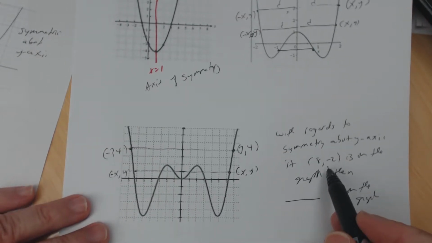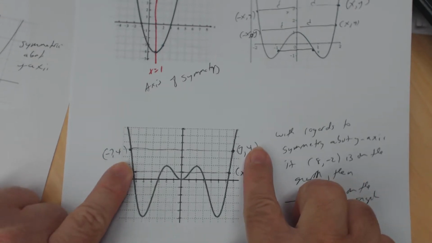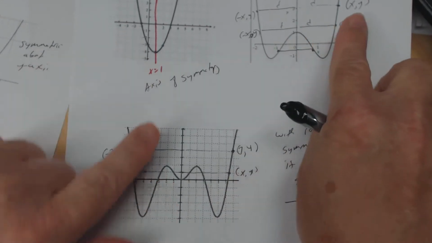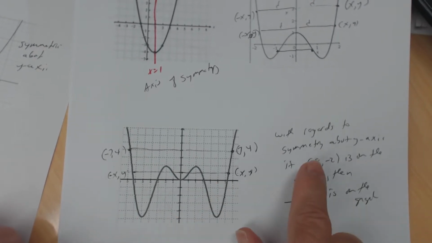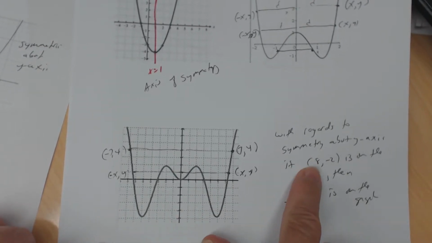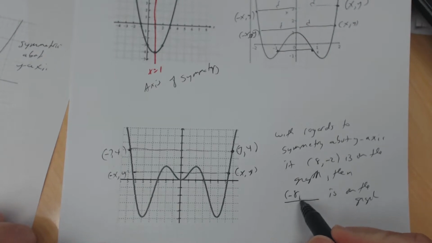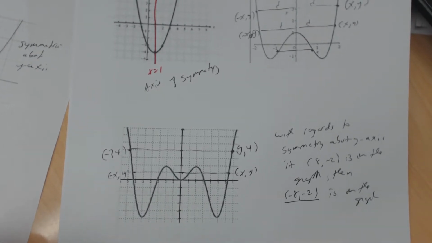You're supposed to remember that the y-coordinate stays the same. Notice all these y-coordinates stayed the same. What was different was that the x-coordinates were opposite of each other. So look at the x-coordinate. The opposite of 8 is negative 8. So negative 8, negative 2 should be on the graph as well.